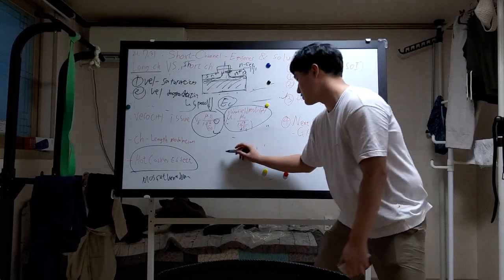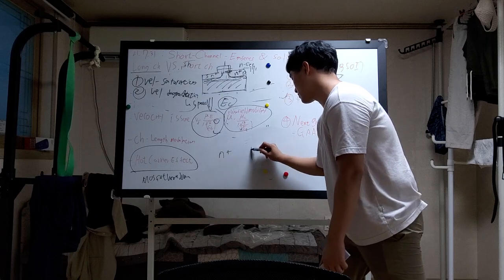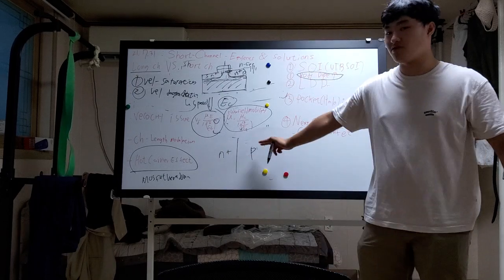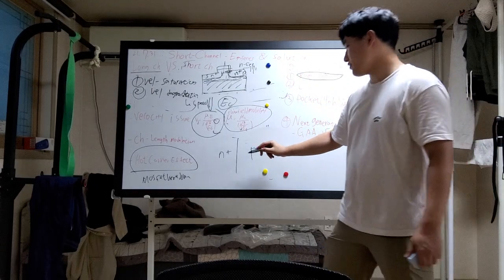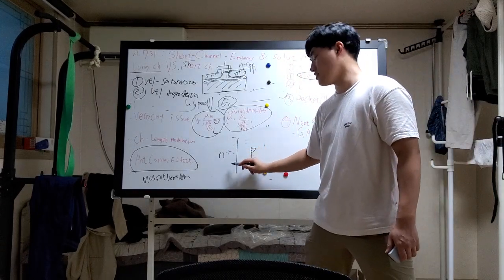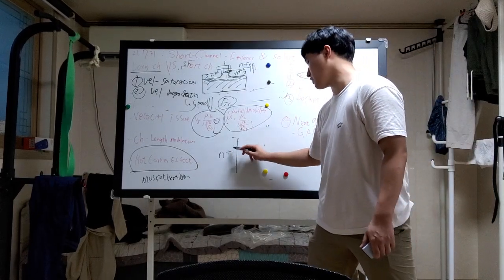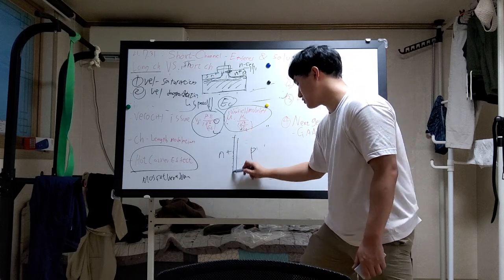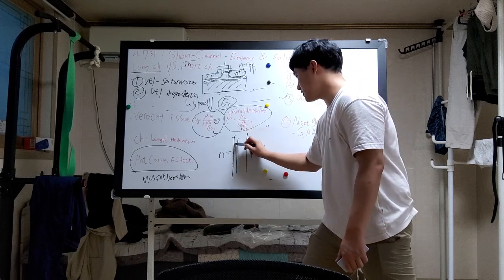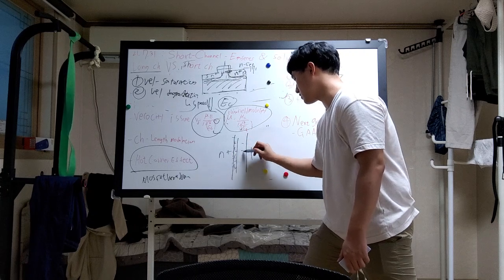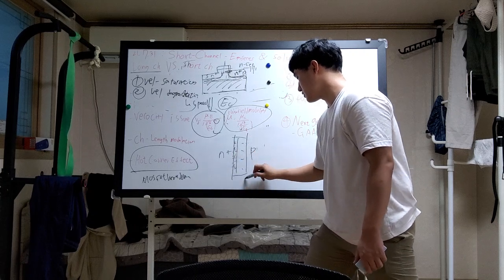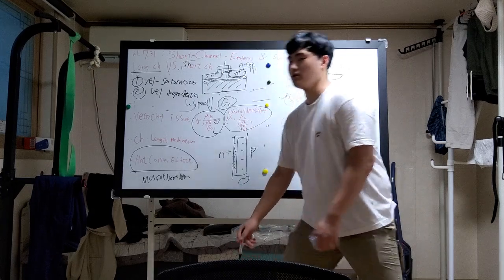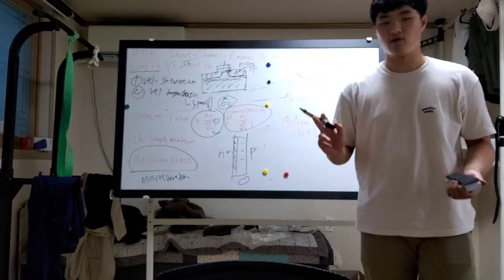Okay, so let's guess. In this case, as there are more carriers in the same space, the depletion layer will be like this. The depletion region of the P silicon side is larger.